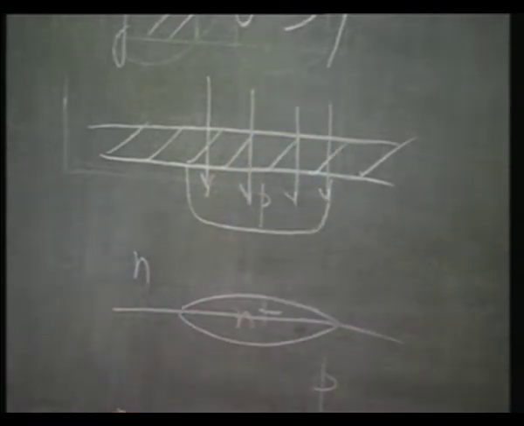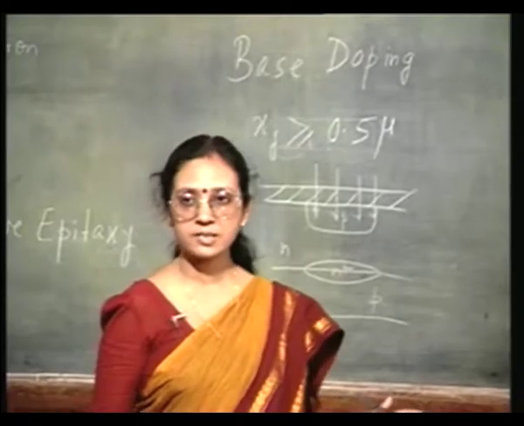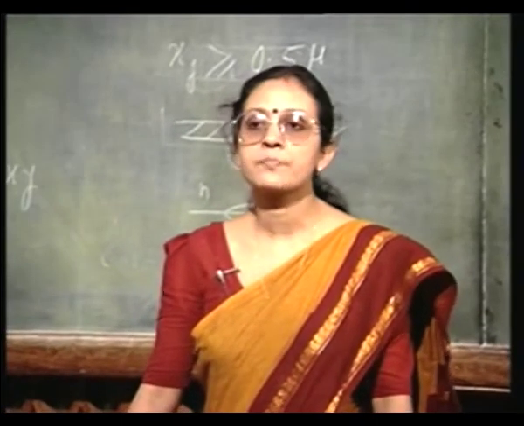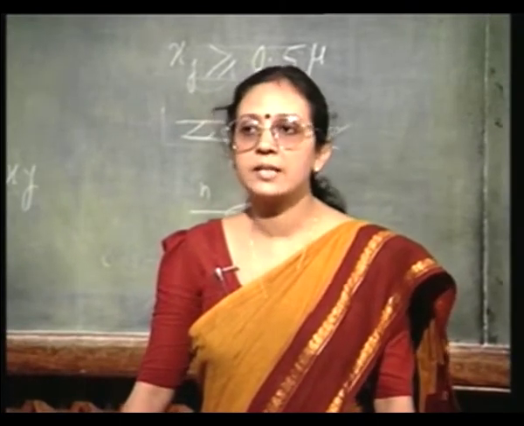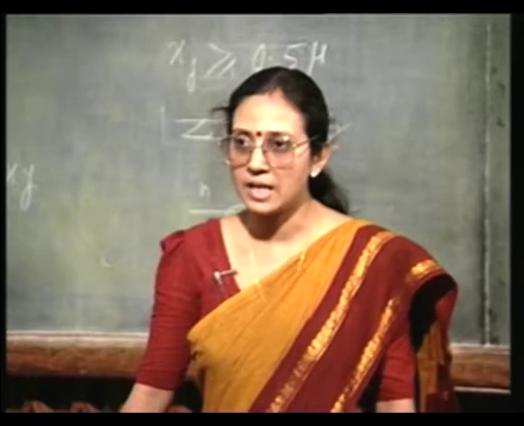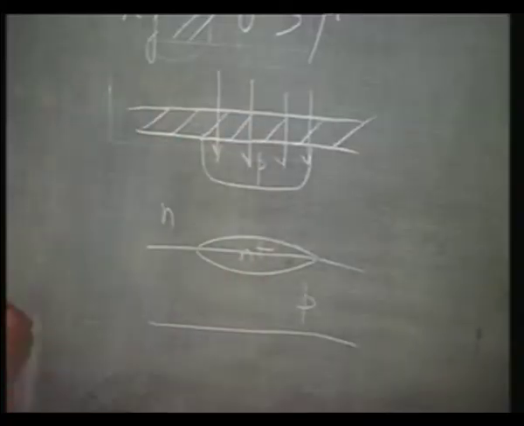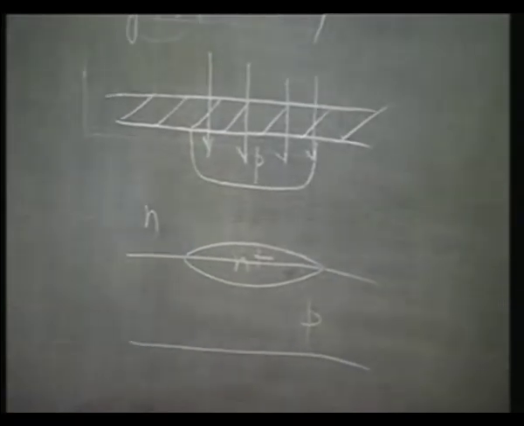It is a thin oxide, it is not going to completely mask the implantation. The only thing you must do is adjust the energy of the implantation such that the peak of implantation is at the oxide semiconductor interface.